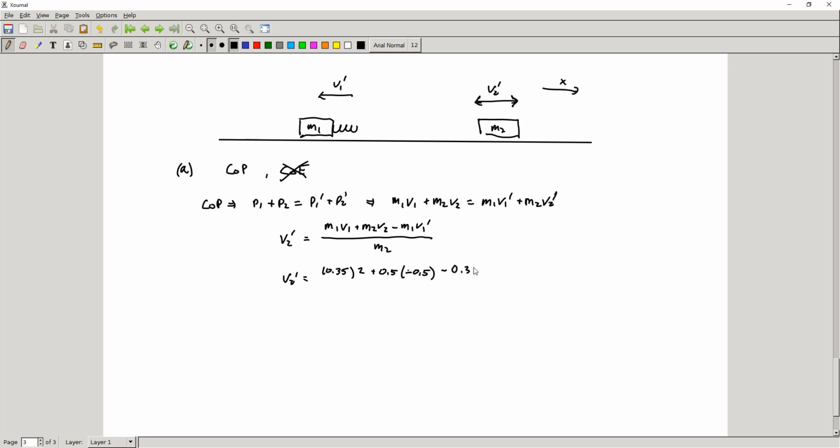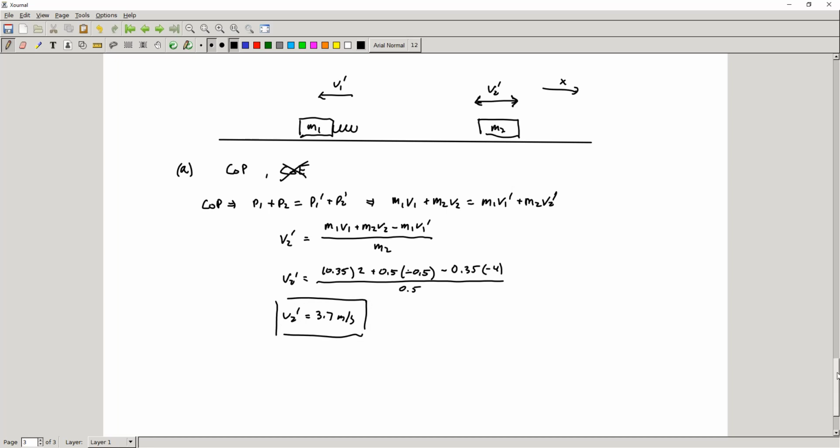Minus 0.35 times minus 4 over 0.5. And if we plug this into a calculator, we're going to find that V2 prime is actually equal to 3.7 meters per second. So that's our answer for part A.